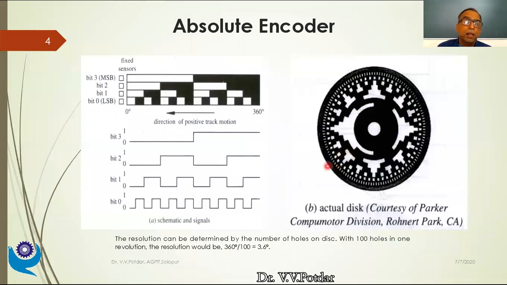So each track will be generating one binary digit. When I move from inside to outside, as you can see, bit 0, bit 1, bit 2, bit 3. Now, the number of tracks depends upon the positional accuracy I am interested in. This LSB corresponds to the least significant bit, and MSB corresponds to the most significant bit.